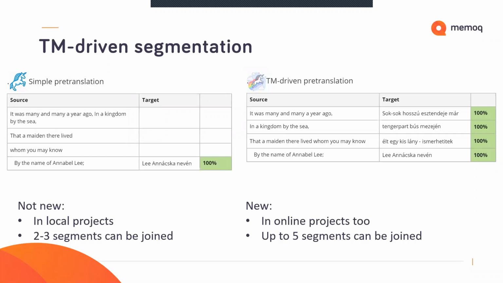Obviously, the more segments memoQ is trying to join, the more time it takes. So please be aware that this may take a lot of time. Please experiment. Please don't start it with a very urgent project that uses a TM of over 100,000 segments, because that will take a very long time.